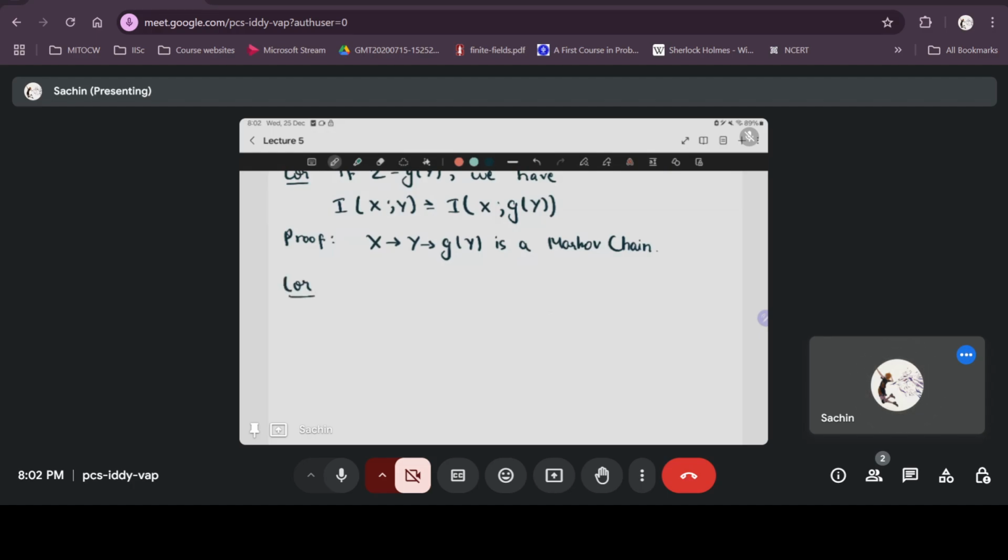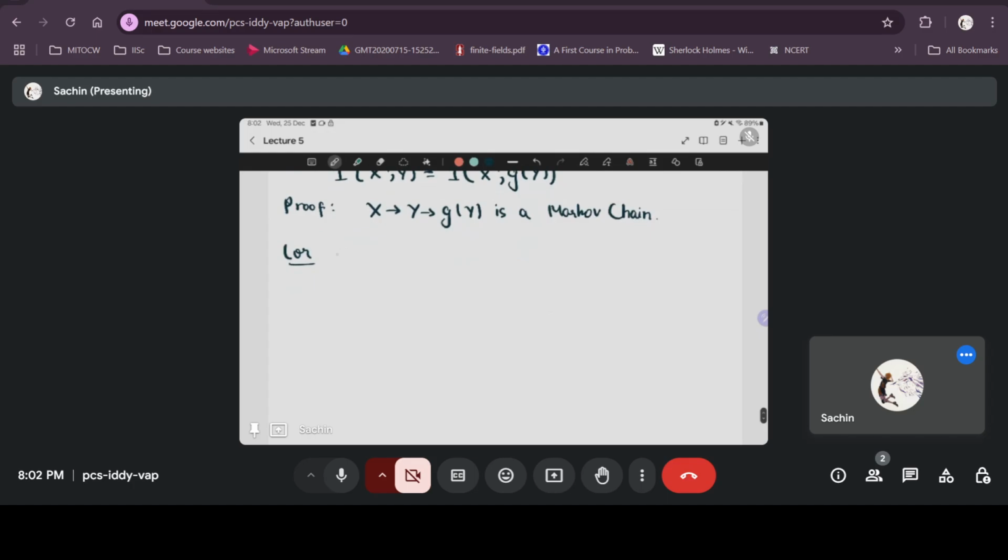Another corollary, if X, Y, Z forms a Markov chain, then I of X;Y given Z is less than or equal to I of X;Y. We saw right at the beginning of this lecture that information can't hurt.